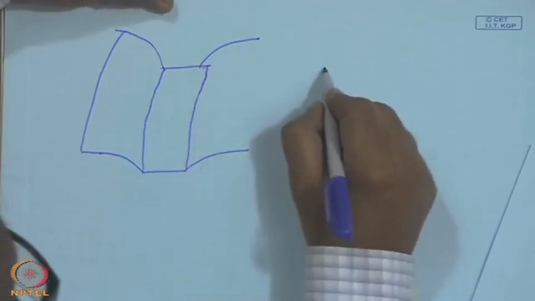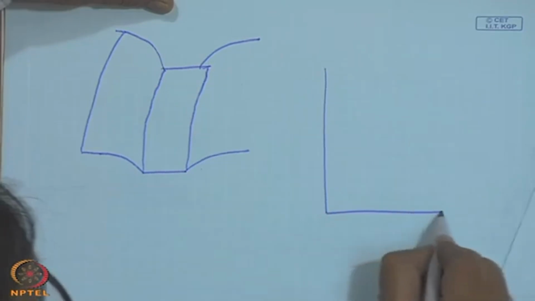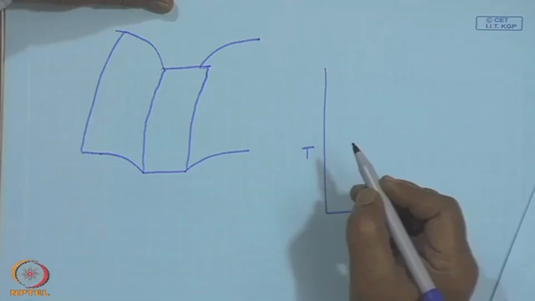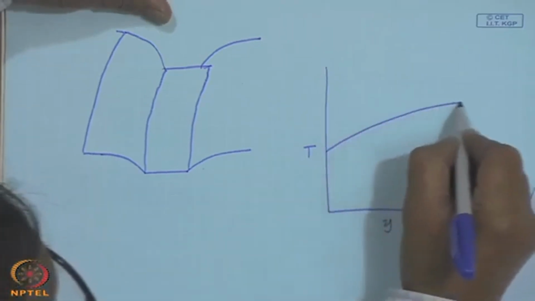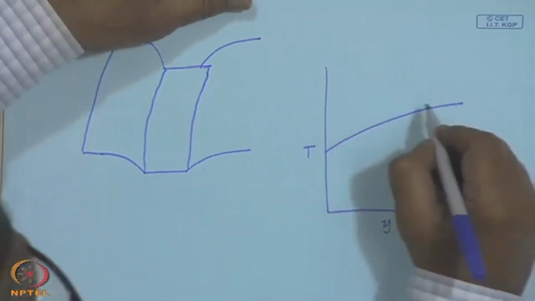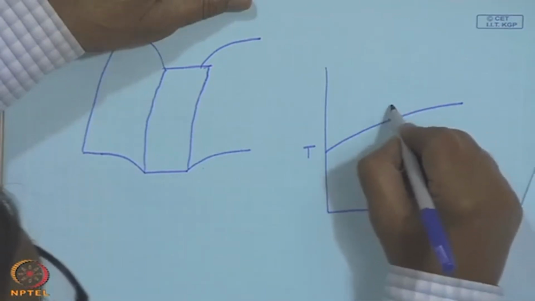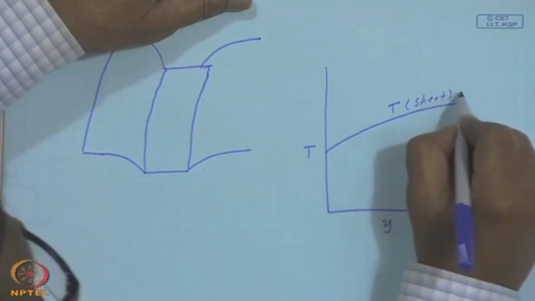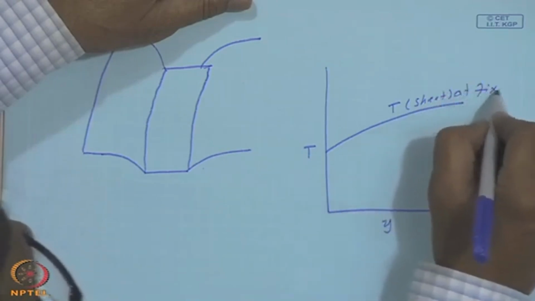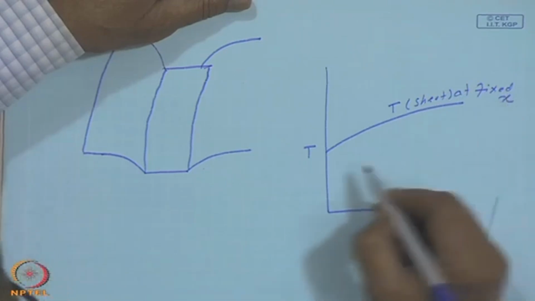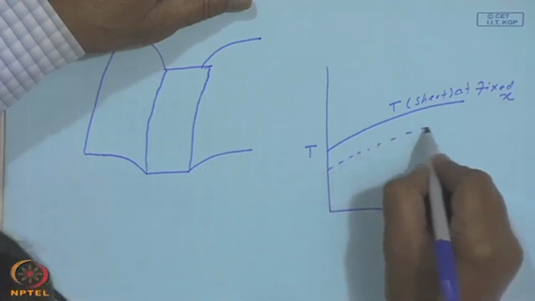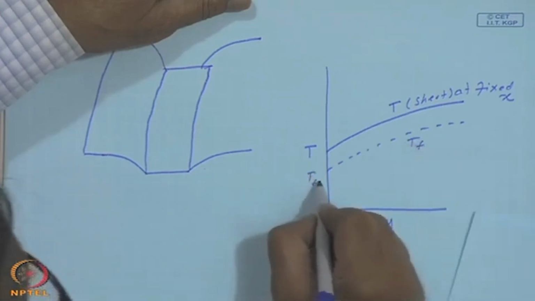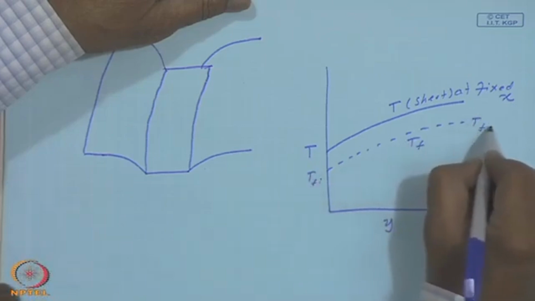So, if I plot it with respect to y and t, this will be at the beginning of the collector, this may be t on the sheet at fixed x. Now, this may be T f, which will be entering at T f i and exiting at T f o.